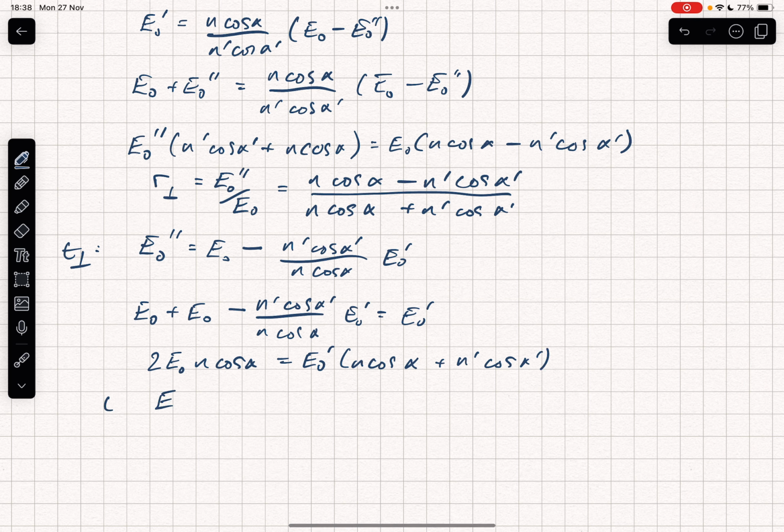So t perpendicular, which is E0 prime over E0, is just equal to 2n cos alpha over n cos alpha plus n prime cos alpha prime.